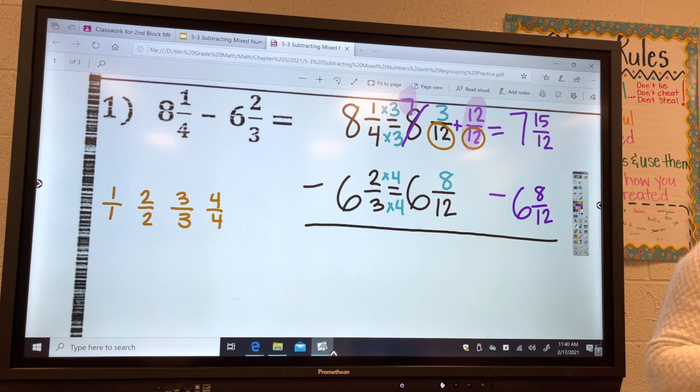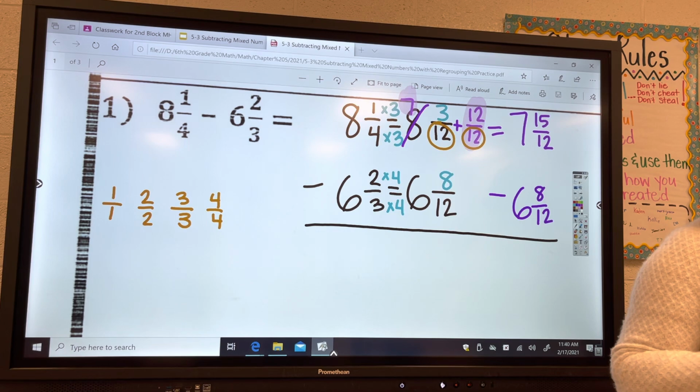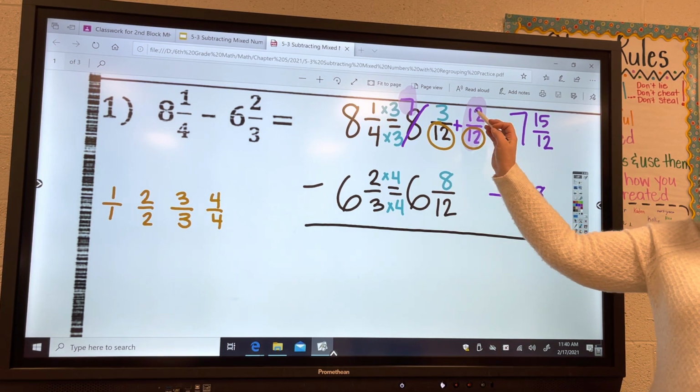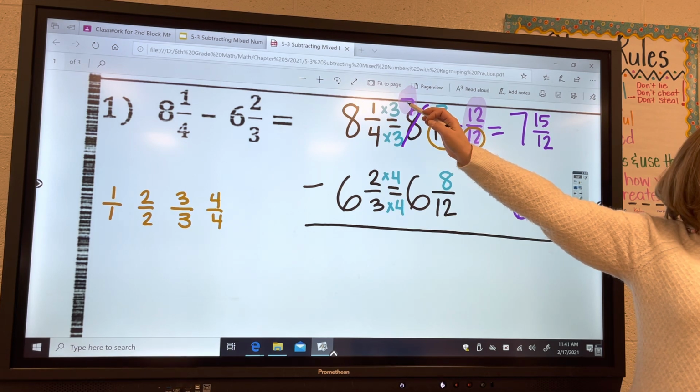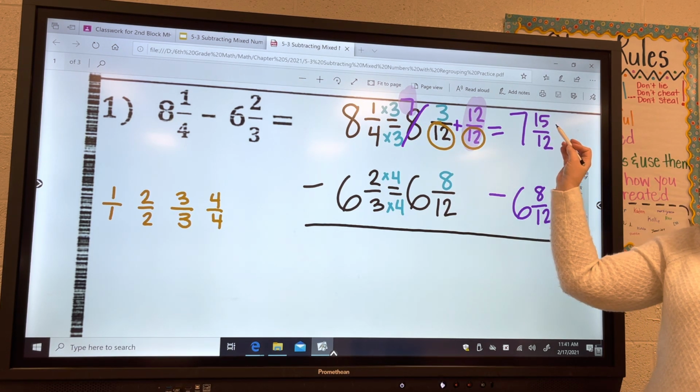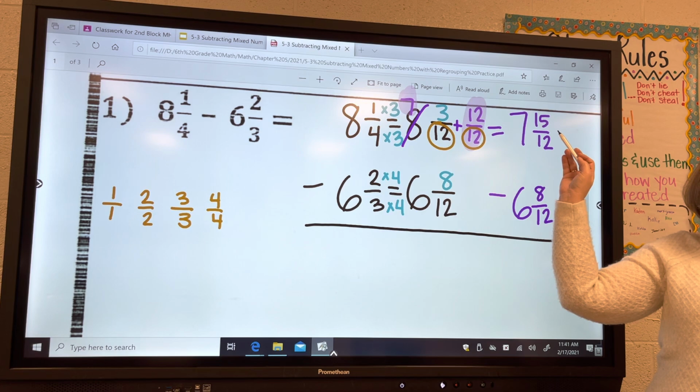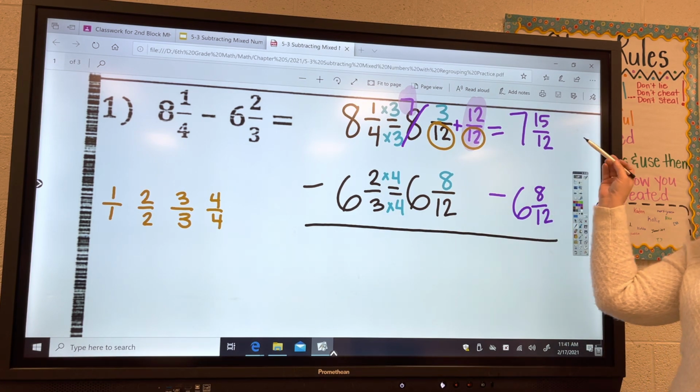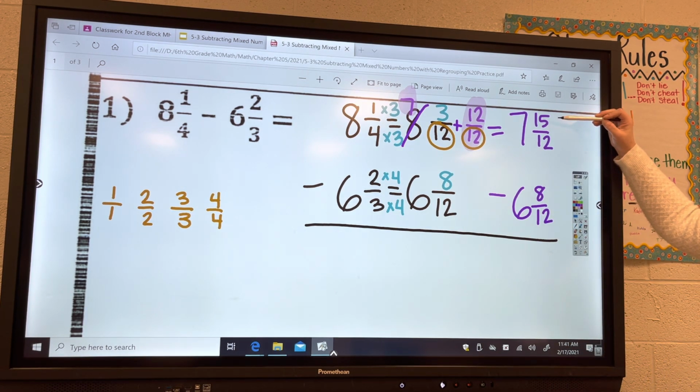If you could choose anything as long as it's a whole number, wouldn't it affect what the answer would be? Because I borrowed a whole, okay? 7 and 15 twelfths is still, remember a while ago when we changed this, how many times will 12 go into 15? Once. So I would add that 1 back over here.